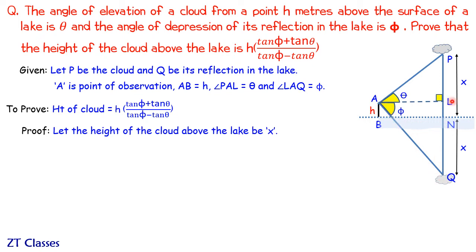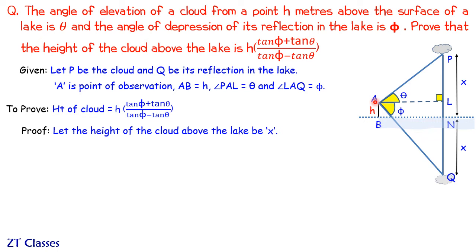In this triangle ALQ, QL is given as x plus h, and AL is unknown. So in both triangles we have the angles and the sides given. AL is unknown, and this AL is what we will compare to get the value of x in terms of h.